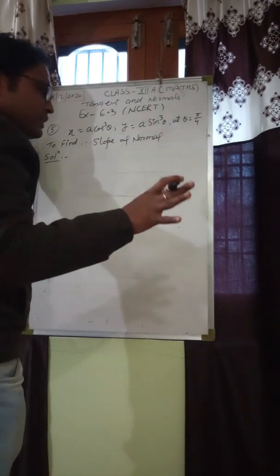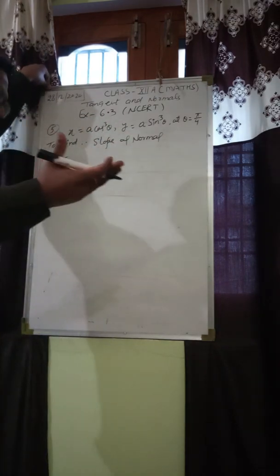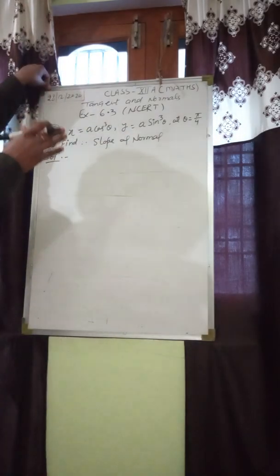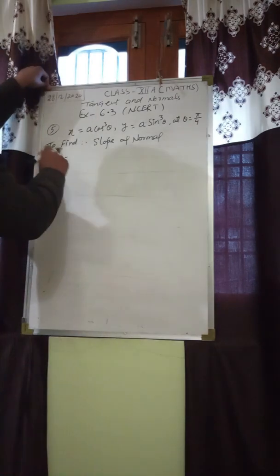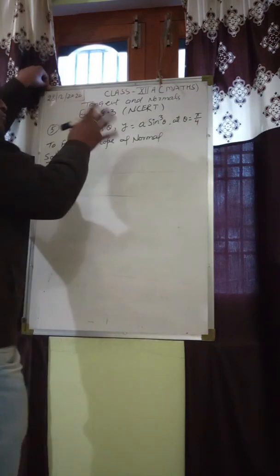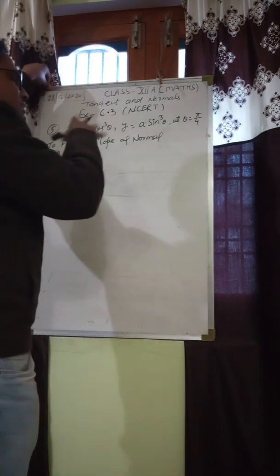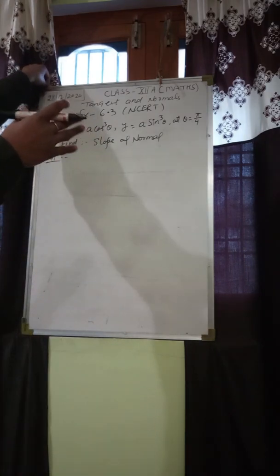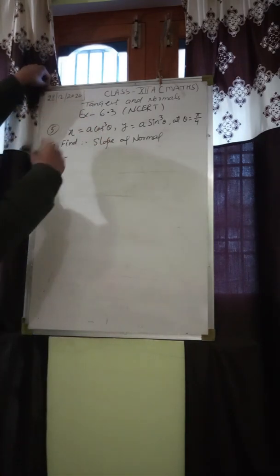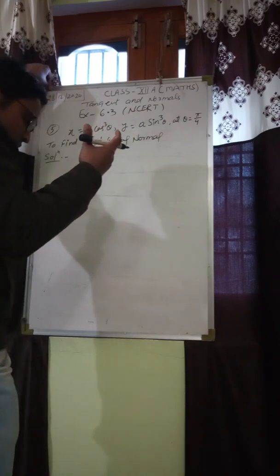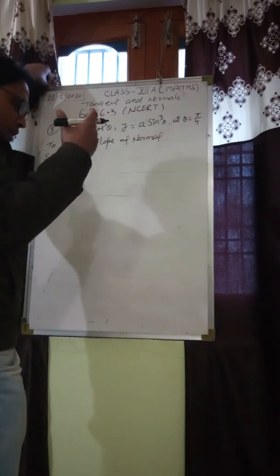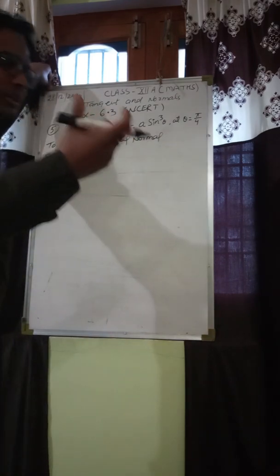So find out dy by dx. For finding out dy by dx, we have to find out dx by d theta and dy by d theta. Means we have to differentiate these two, x and y, which are given in parametric form; they are functions of theta.